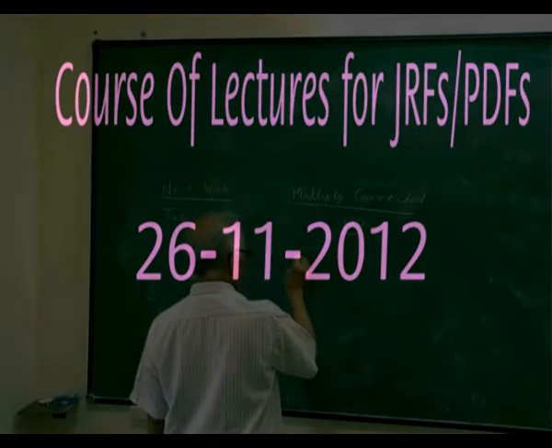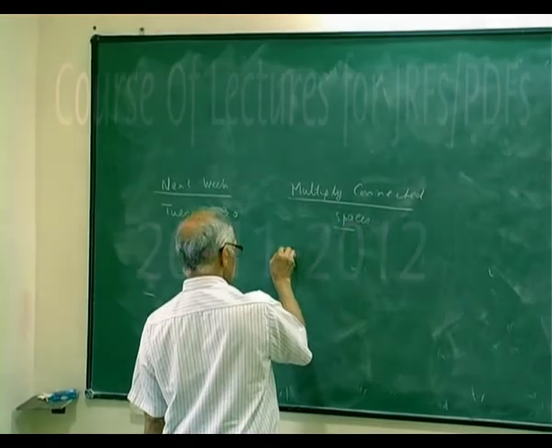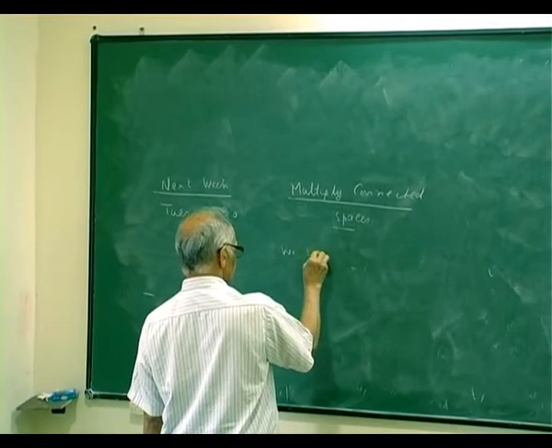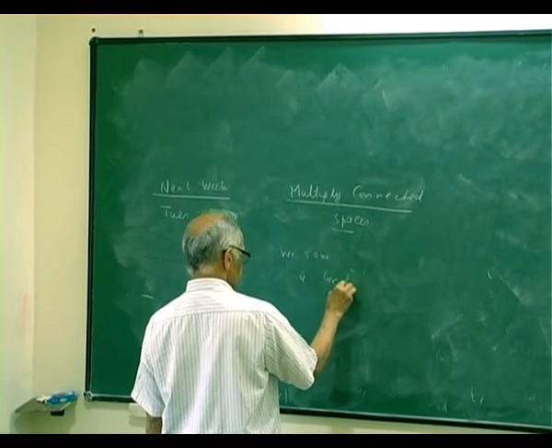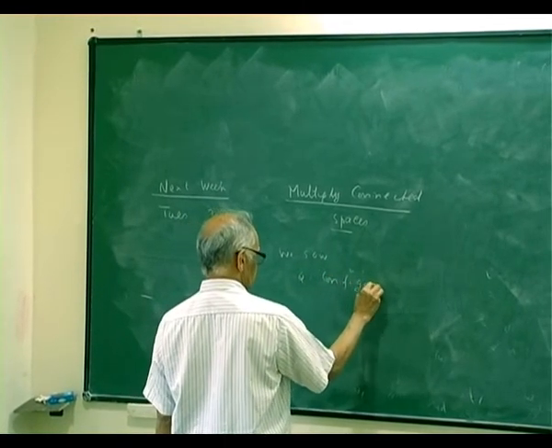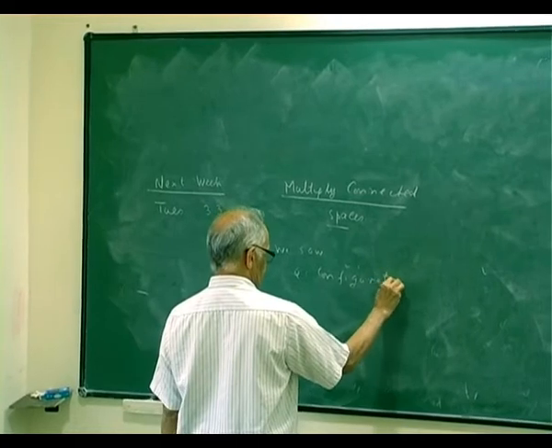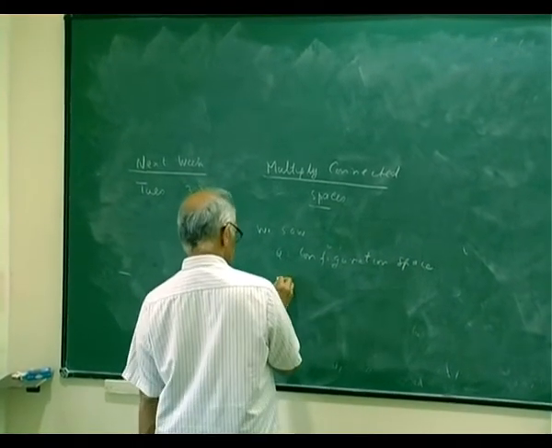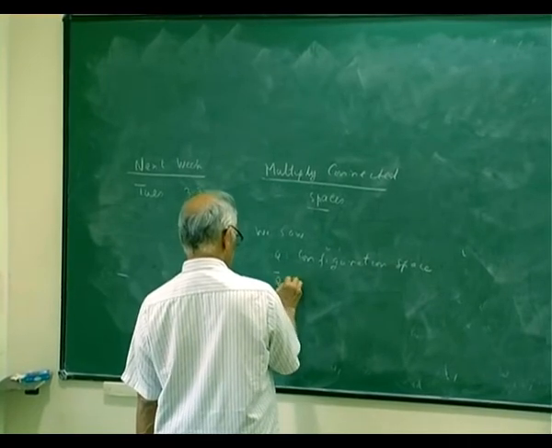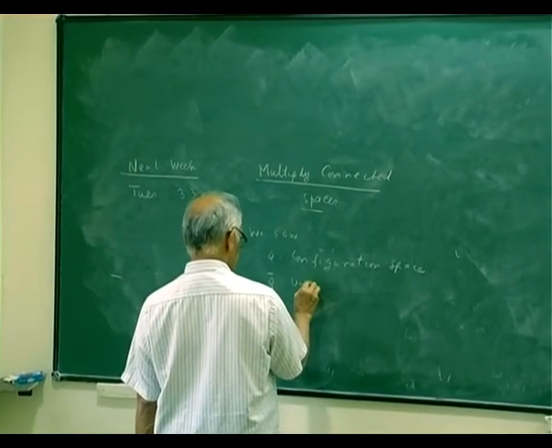What I was saying is the following. We saw the following structure: Q is configuration space, and there is associated with it Q bar, the universal covering space.